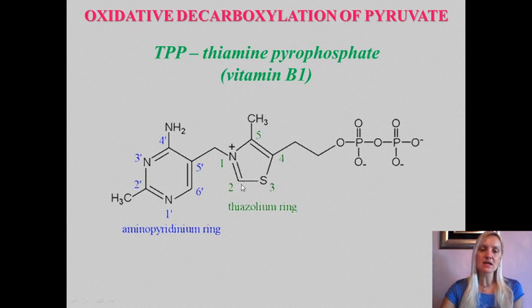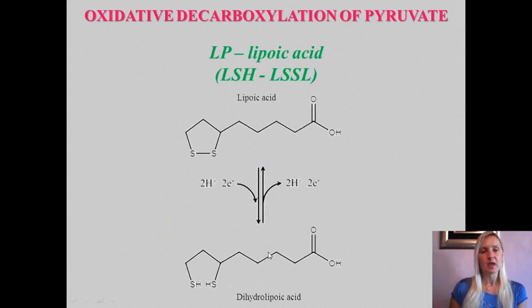This is an acidic carbon atom, which is the reactive center of TPP, and this carbon atom and its acidic hydrogen is actually capable of binding certain atomic groups, which we are going to see later on. Lipoic acid also has a unique structure.